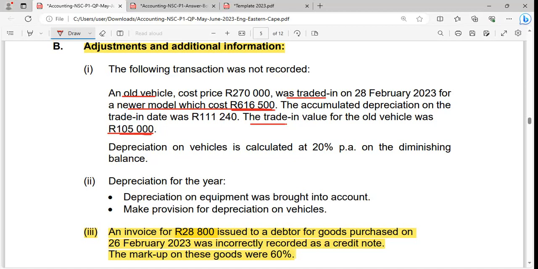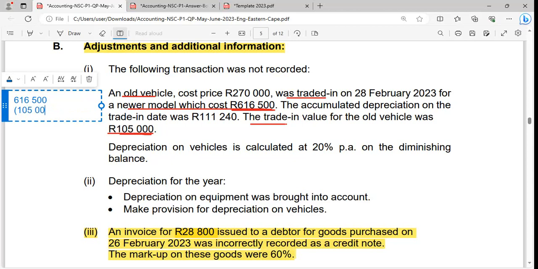So lana asitshelwanga ukuthi cash was paid, so we gonna assume ukuthi le entsha esitrade ngayo siyithathe on credit, but sikweleta malini for yona. So this is what we're gonna do. So the new vehicle cost us 616,500, thina sabanikeza endala ene-value ka-105.